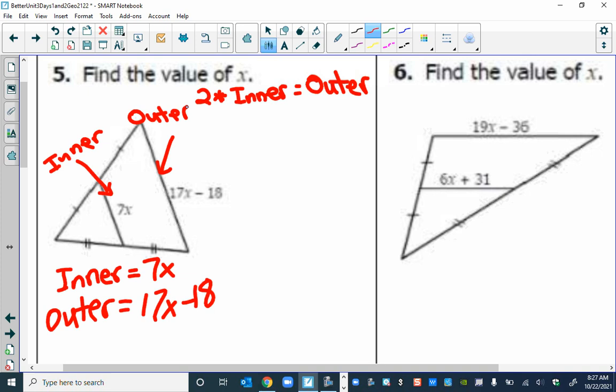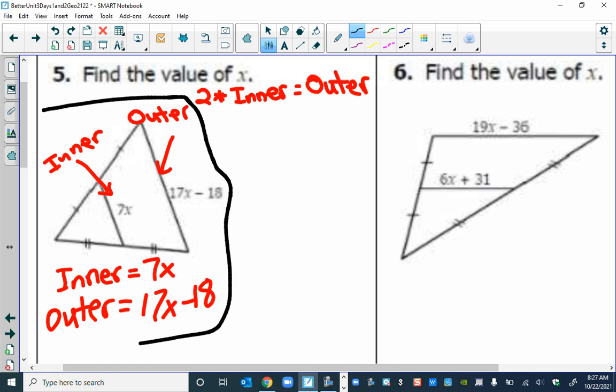Do we have enough information to solve for the x? We do. Because here's what we do. That's why it's key to identify. So we take our 2. We're going to multiply by, well, what's our inner expression?